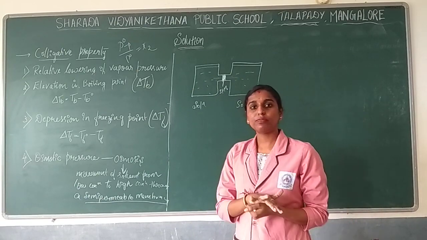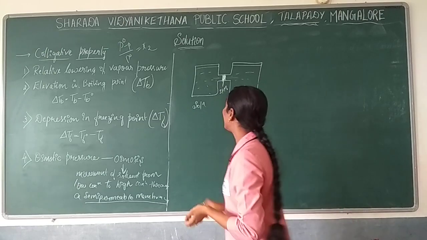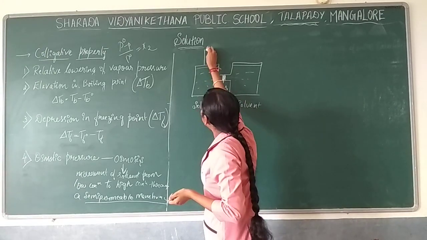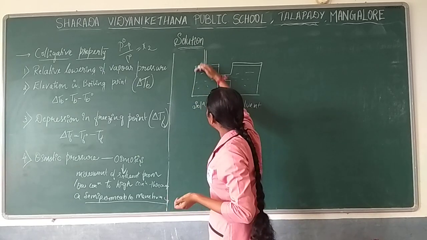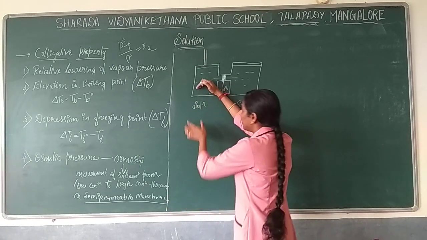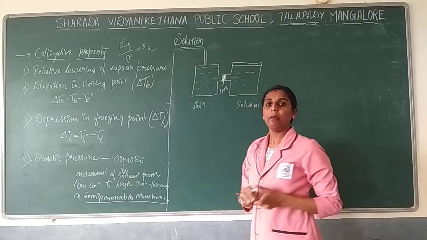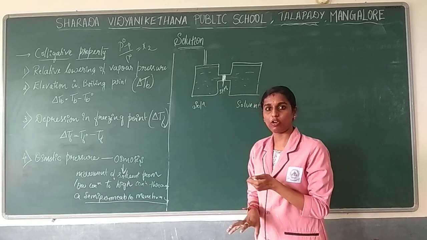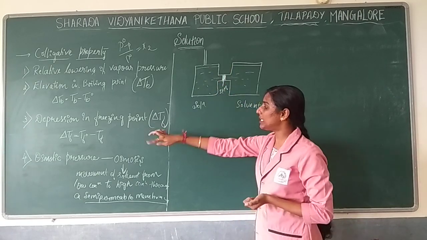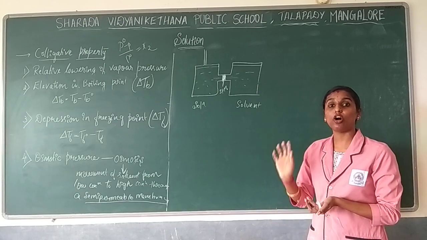Now you want to stop this osmosis. What can be done? To stop the osmosis, you apply pressure, by using a piston, in this part. By that, the osmosis procedure will get stopped. So osmotic pressure is nothing but the pressure applied to stop the osmosis.